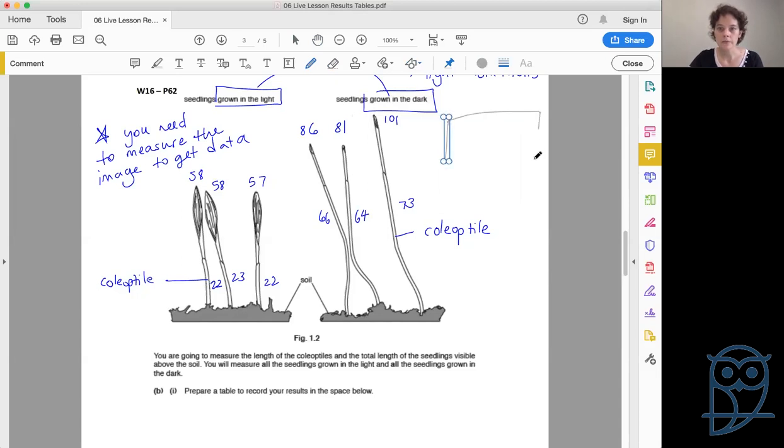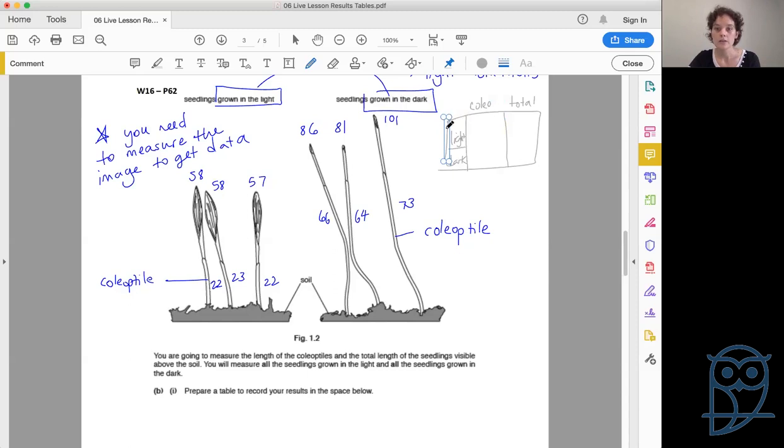Okay, so one table. We're going to have light and dark. Okay, because we've already established this is our independent variable. Now we're going to have two columns because we're going to have coleoptile and we're going to have total. Okay, but now we've got to think about it because we've got 3 of each.